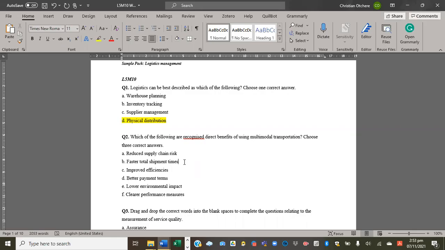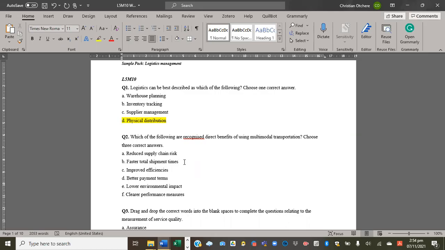Then you have another contract with the vessel owner who will be shipping the goods from the port of shipment to the port of destination. That is also another contract. Then from the port of destination to your premises, you have another contract with that driver. So you have 3 contracts. That is intermodal.